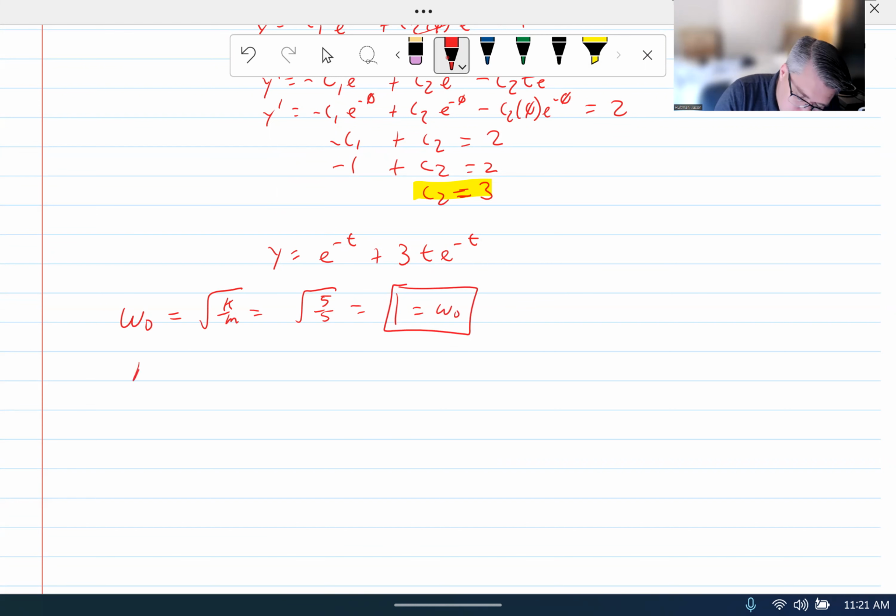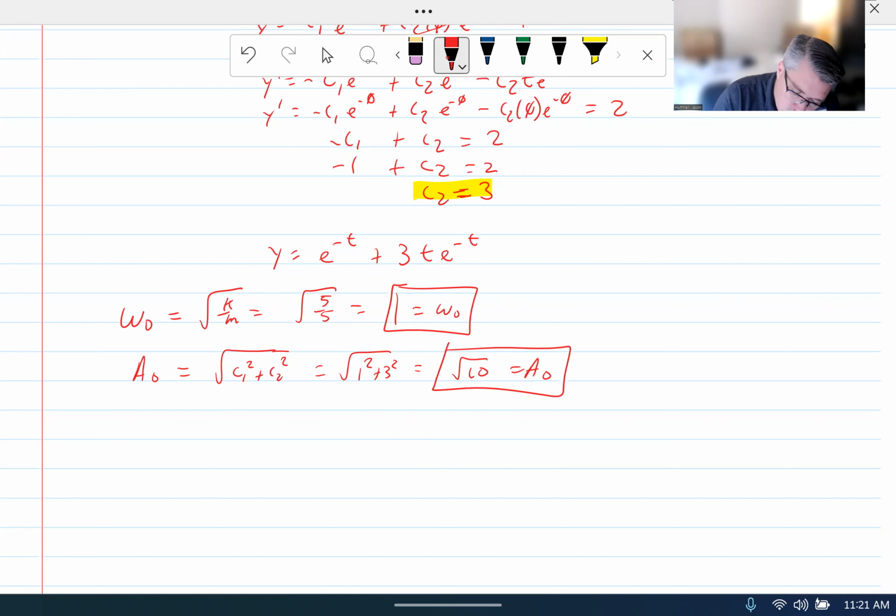The amplitude is equal to the square root of c1 squared plus c2 squared. That's just going to be the square root of 1 squared plus 3 squared, which is the square root of 10. So that's a naught. The phase, phi, is the tangent of c2 over c1.